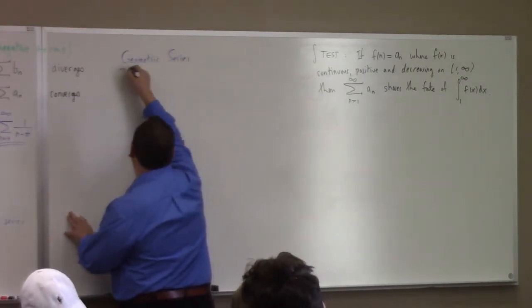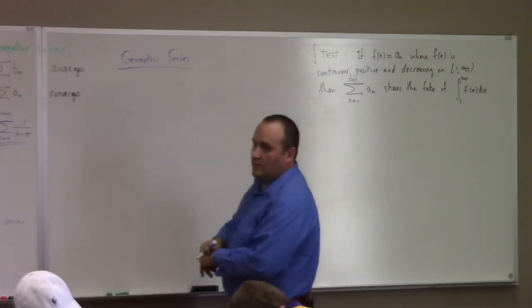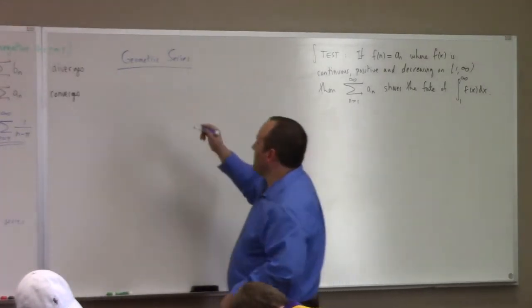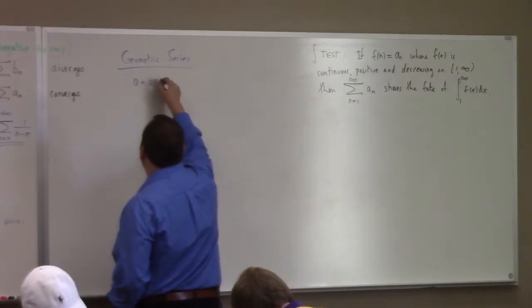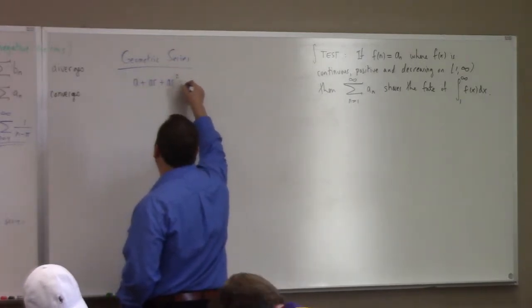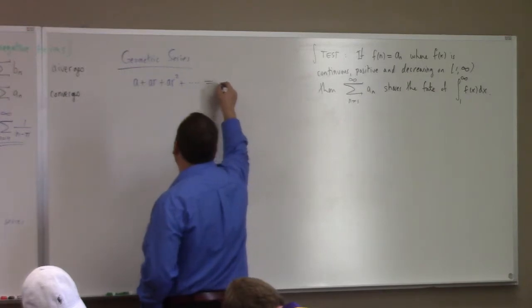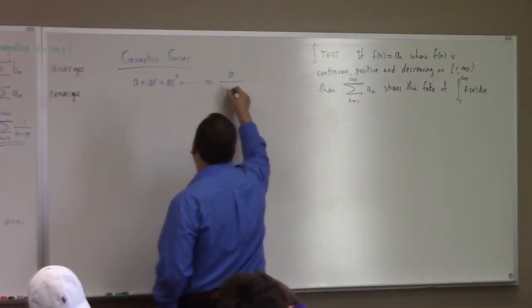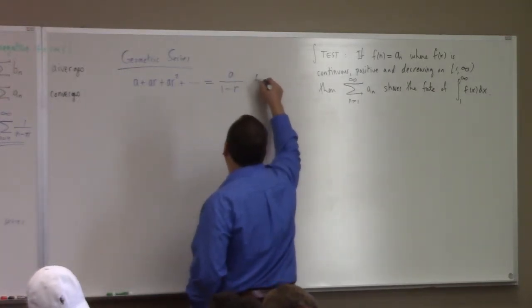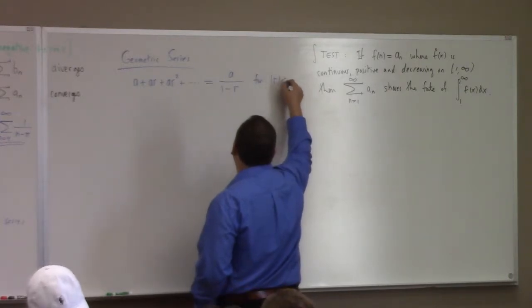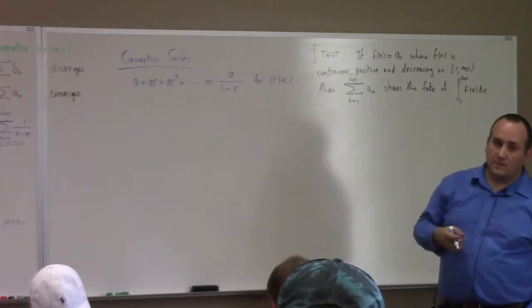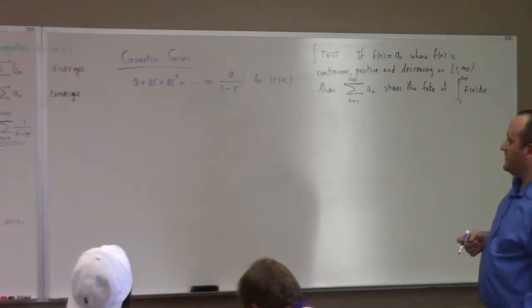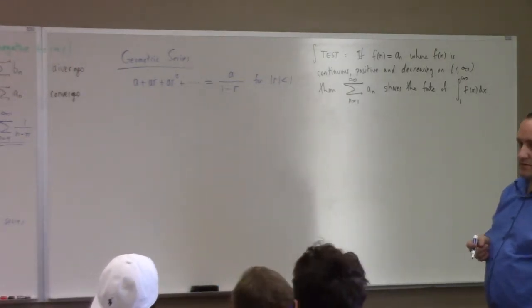Geometric series. So you can derive that a plus ar plus ar squared plus dot dot dot equals a over 1 minus r, whenever the absolute value of the so-called radius r has to be less than 1 in magnitude.